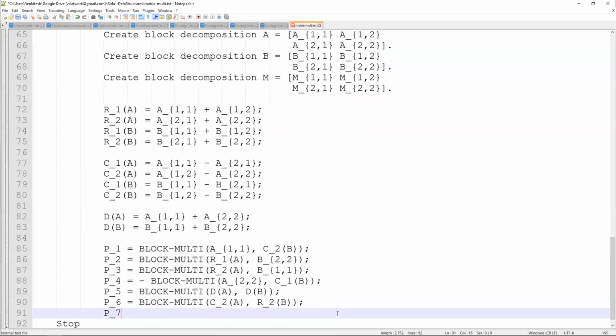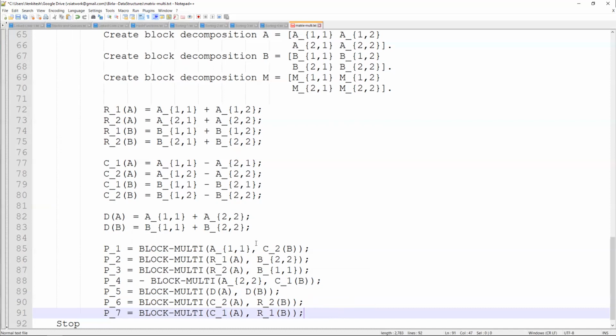And P7 is symmetric gradient. So block multi of C1A with R1B. I think in the lecture I mentioned R1A, so that's a correction. It's R1B. Is that okay?